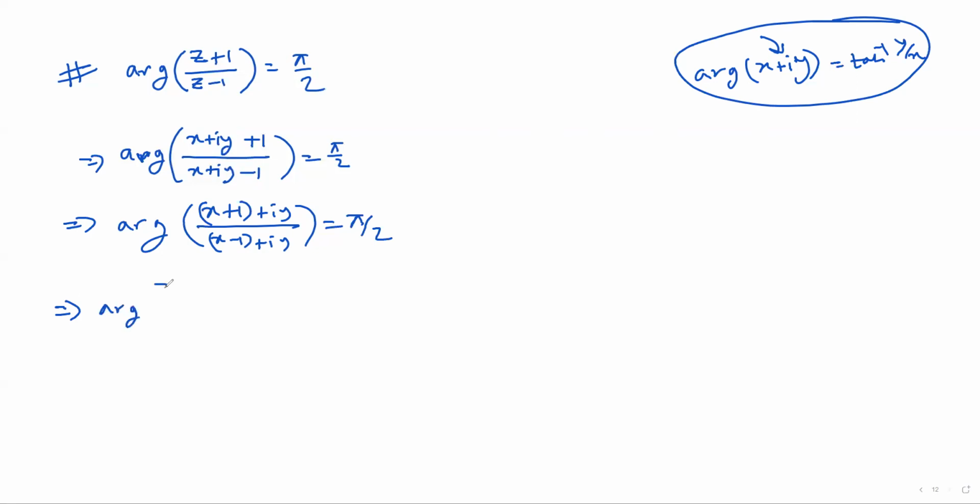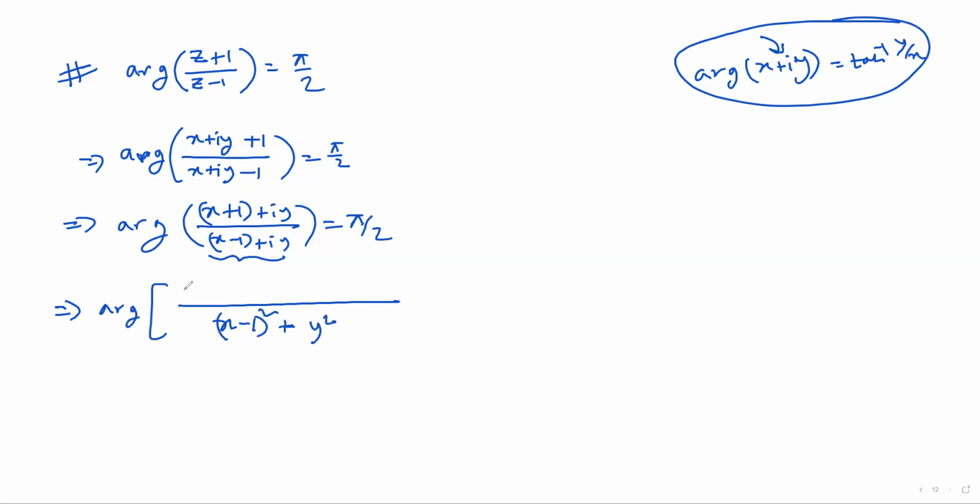So we have argument of, so we are multiplying by the conjugate of what we have in the denominator. Multiplying any complex number with its conjugate gives something like this. We have already seen that.